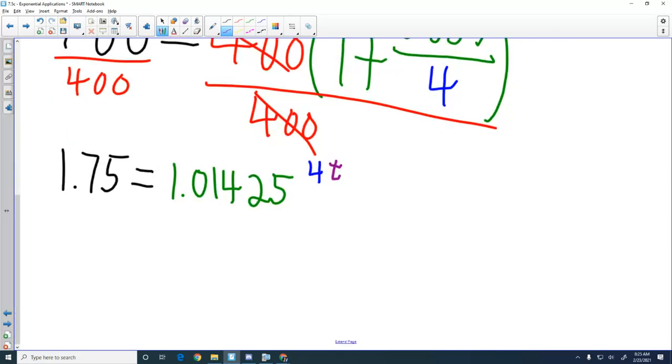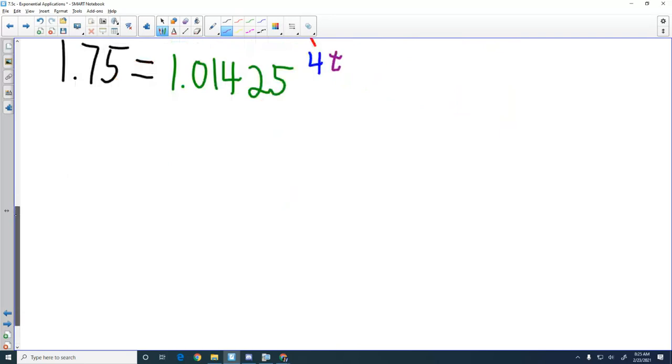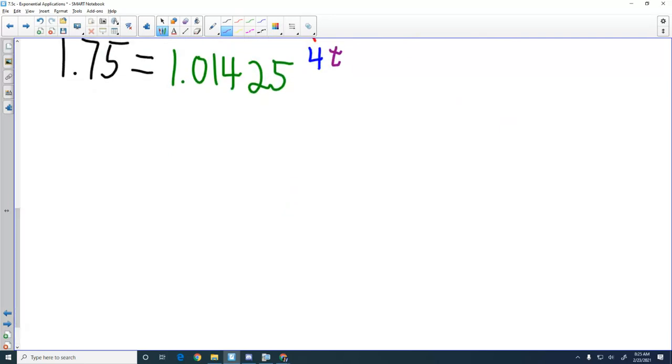So at this point, this is just a basic exponential equation that we need to solve. There's an answer, a base, and an exponent. We can rewrite this in log form to get that variable out of the exponent spot. We start by writing the word log.